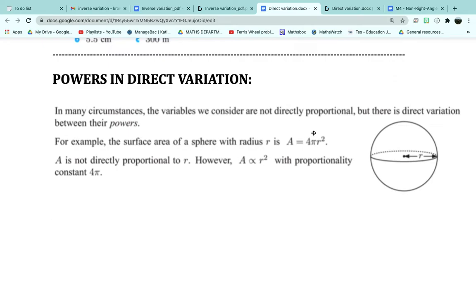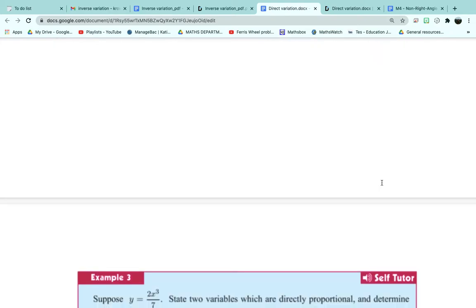And the constant of proportionality is the number which goes in front of the r squared, and for this particular example, it's 4 pi. So this means that as r gets bigger, the surface area of a sphere also gets directly bigger because it is a direct variation.